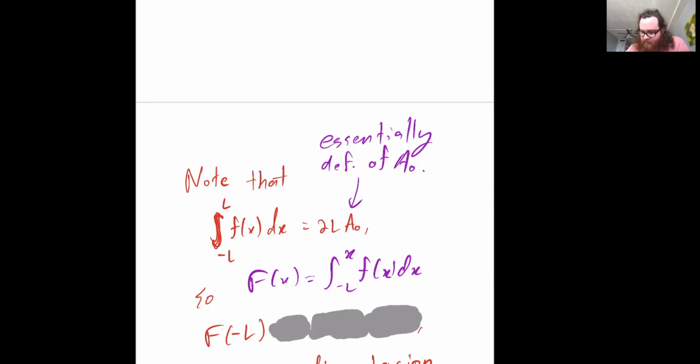So F of negative L is just going to be equal to 0. What is the integral under a point? The area underneath is 0, so you just get 0. But that is not equal to 2L times A0, which is exactly equal to F of L, which, plugging in the definitions, is the integral from minus L to L of f of x dx.